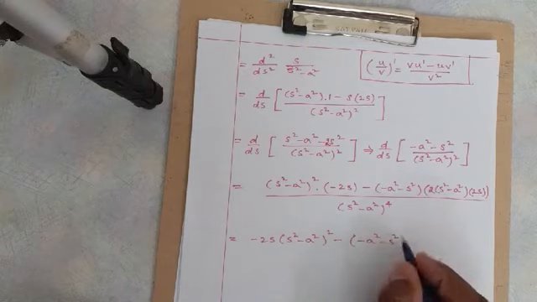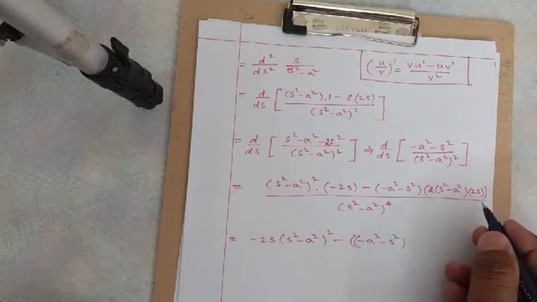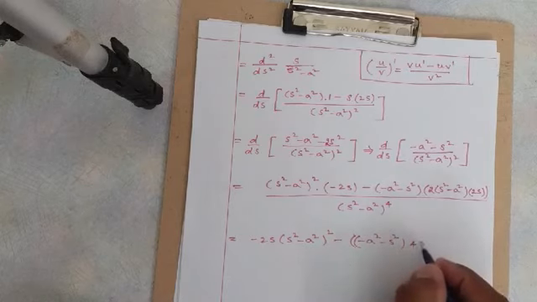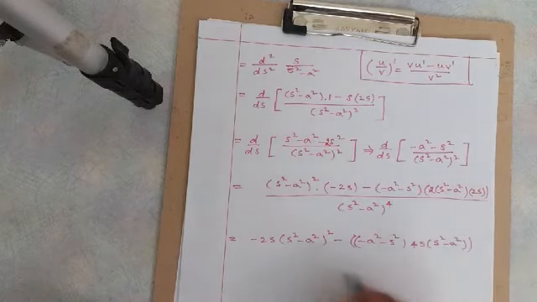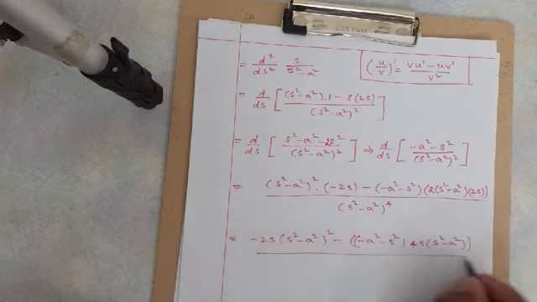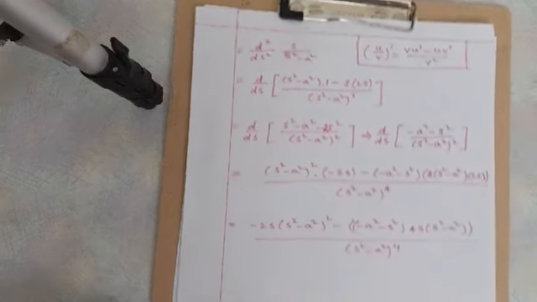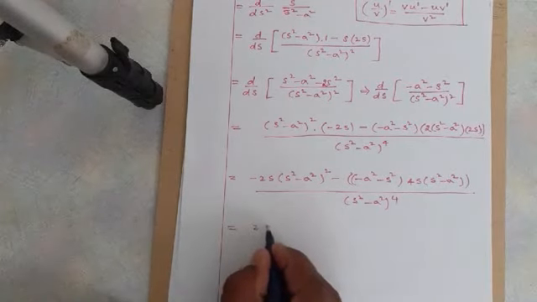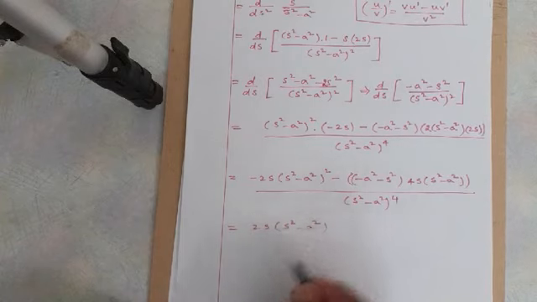Okay, then here we have 2 into 2s, that is 4s square. So we write here 4s, and then s square minus a square, upon s square minus a square whole power 4. Now we take 2s into s square minus a square common.